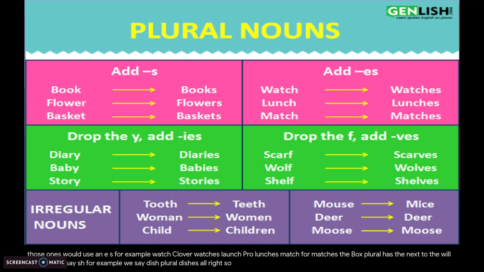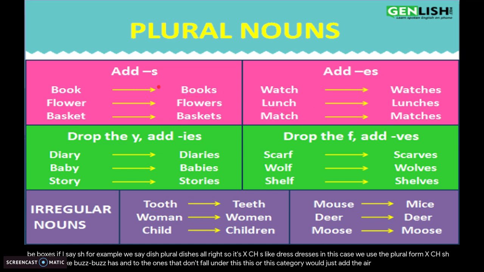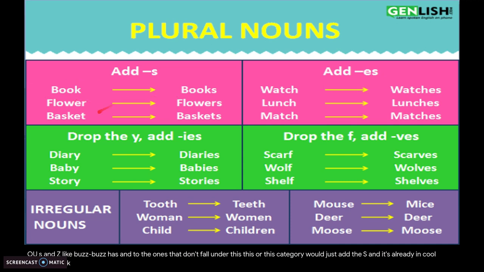X, CH, S, like dress, dresses. In this case, we use the plural form X, CH, SH, O, S and Z, like buzz, buzzes. And to the ones that don't fall under this category, we just add the S and it's already in plural. For example, book becomes books, flower, flowers, and basket, baskets.